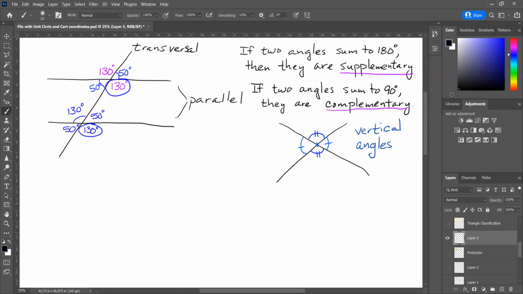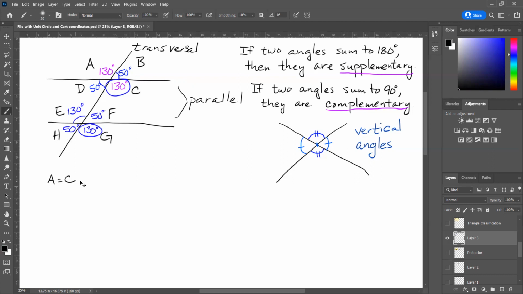I'm going to now label these with a letter. So A, B, C, D, and we'll come down to E, F, G, and H, just so that I can talk about them a little bit more. So A equals C, and E equals G. Oh, you know what?